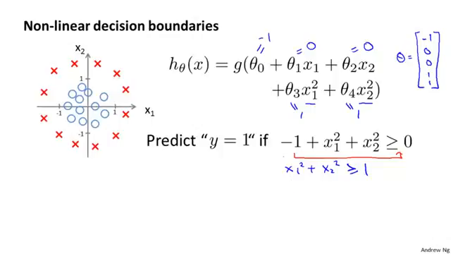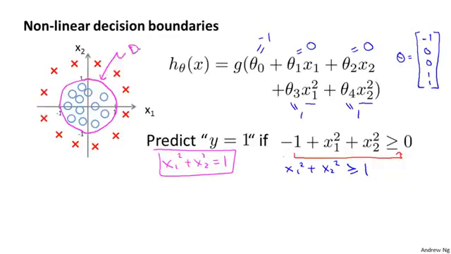Well, if you were to plot the curve for x1 squared plus x2 squared equals 1, some of you will recognize that that is the equation for a circle of radius 1 centered around the origin. So that is my decision boundary. And everything outside the circle, I'm going to predict as y equals 1.